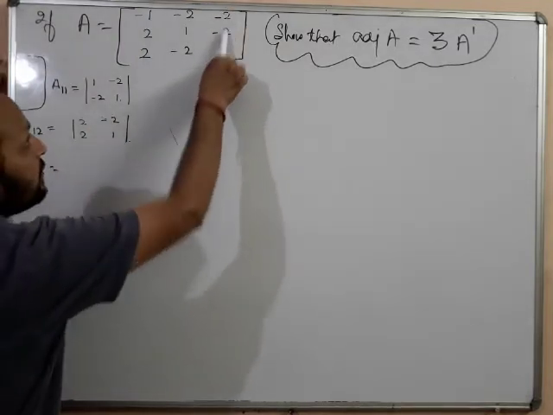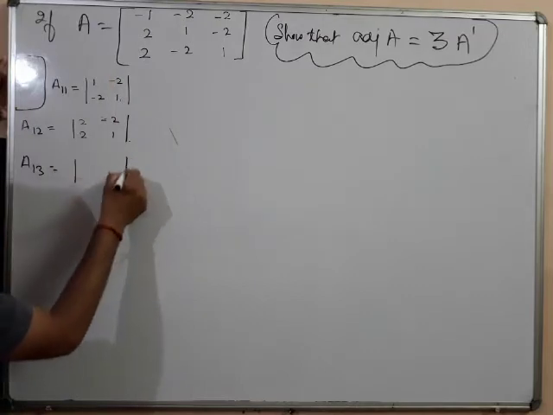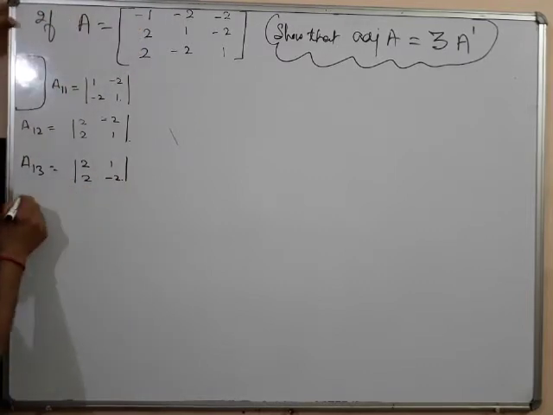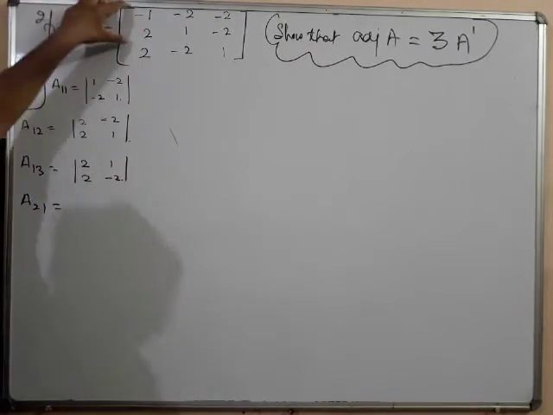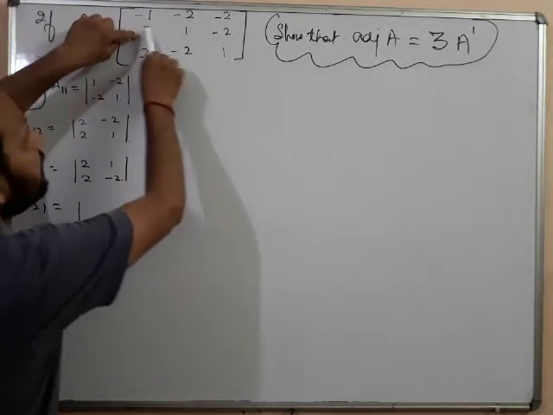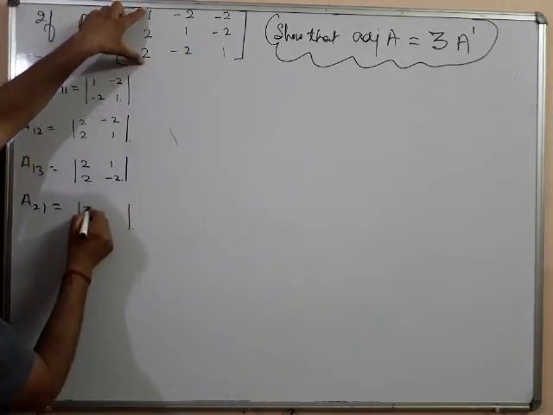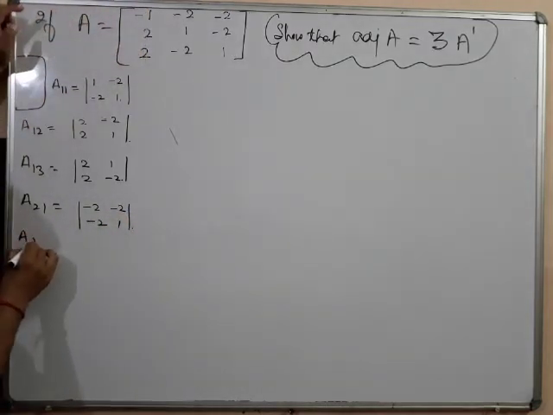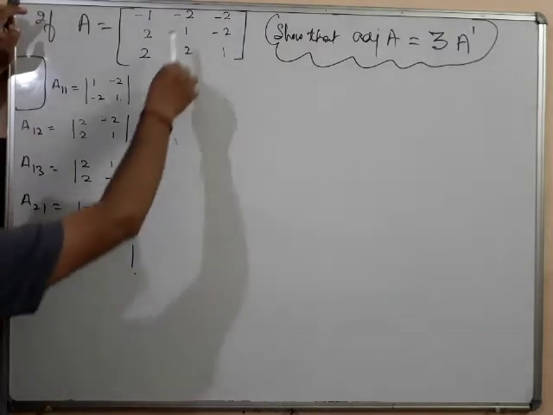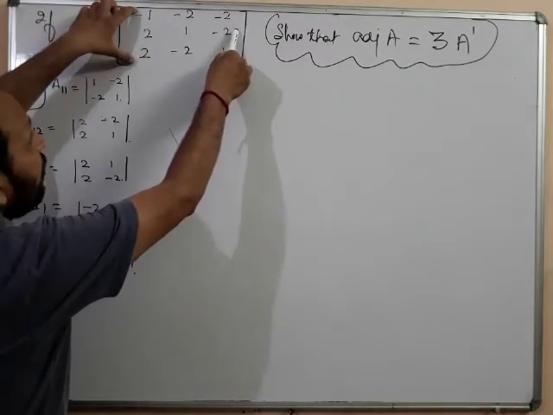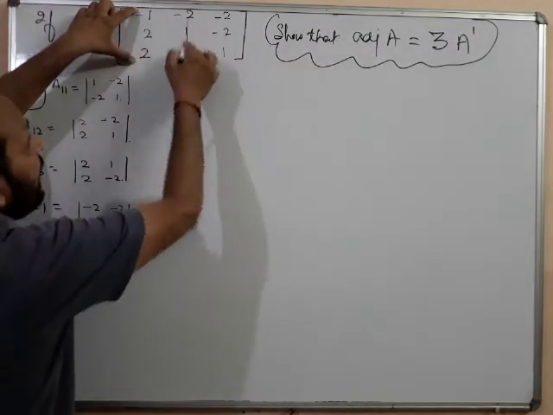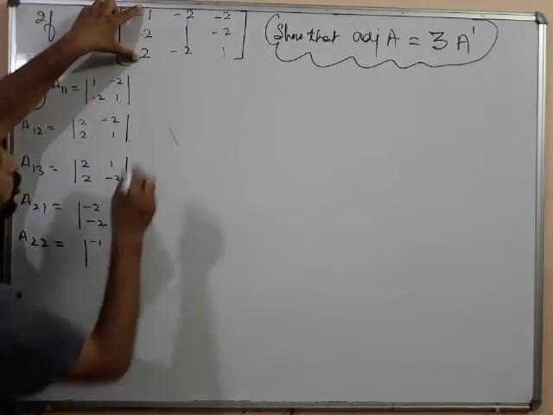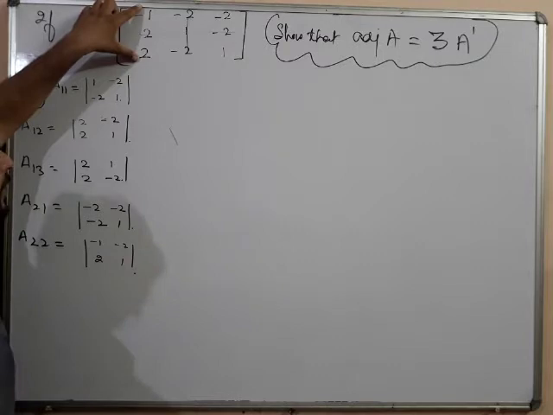A13, this and this will be finished, 2 2 1 minus 2. A21, that will be this and this will be finished, minus 2 minus 2 minus 2 and 1. Now A22 will be like this, and you will get only this and this will be finished, minus 1 minus 2 2 and 1.